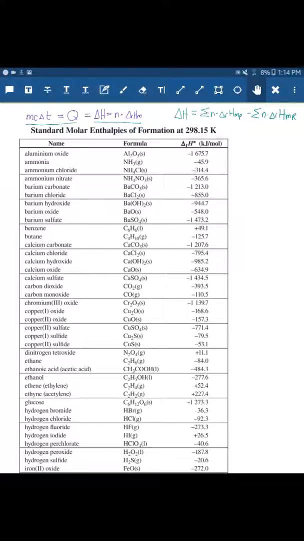If you have two products, for example, you should be timesing the moles times the molar enthalpy of product A. Then, because it's the sum, you're going to add the moles times the molar enthalpy of product B. Same goes for your reactants here.